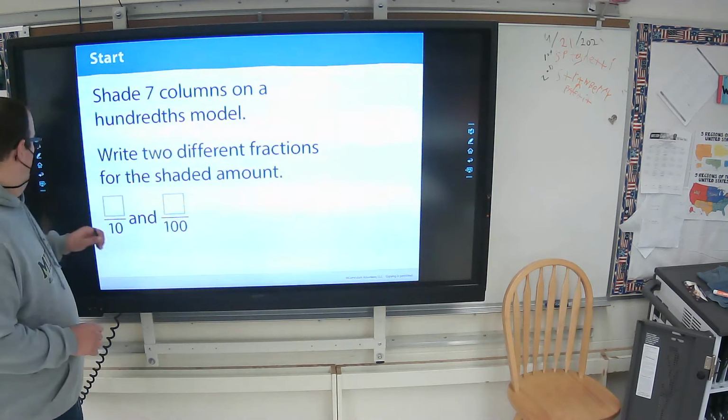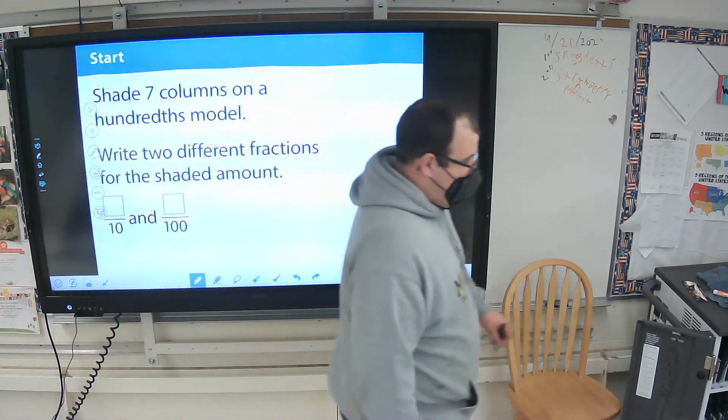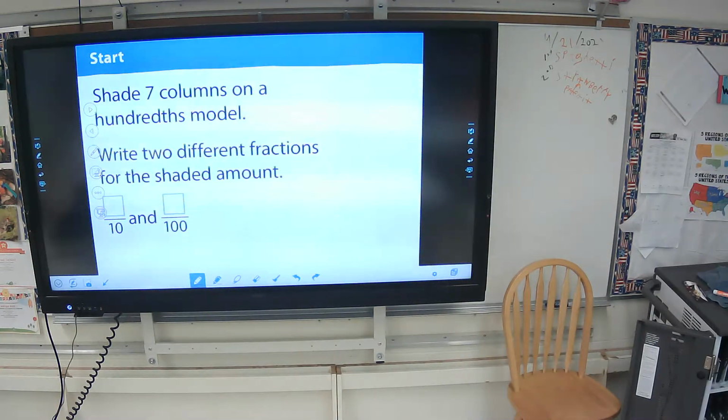10. So if we shade it in, let me see if I can find one. I don't know why I never have one of these. So it's 1 column, and 10 of these make up the hundredths flat.